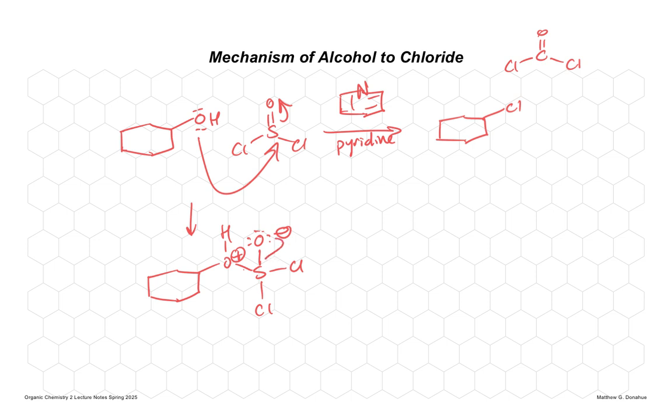So that's an addition, and then it will do an elimination. And so a chloride, Cl minus, comes off. We've now balanced the charge, and really what we've done is transform that oxygen into a good leaving group.